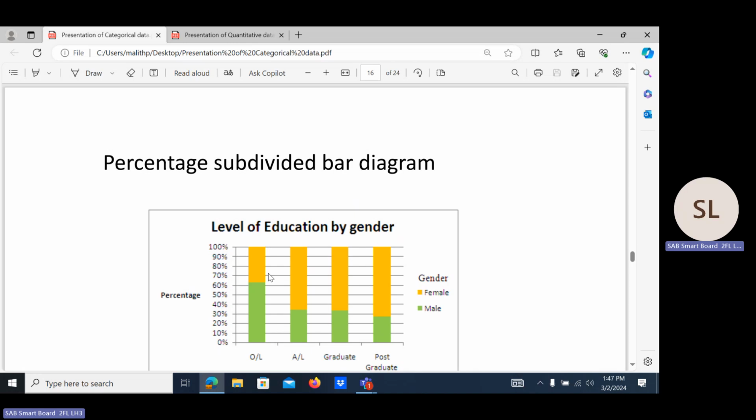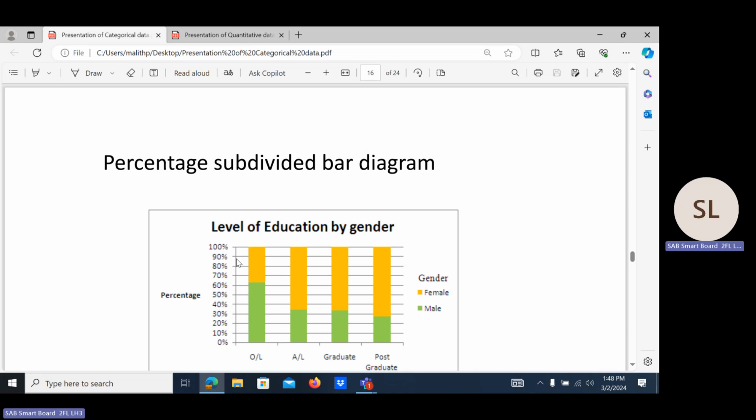When we want to draw the percentage subdivided bar diagram, first draw all the bars at the same height, then divide them into two categories. The first part represents male: 5 out of 8 respondents, 5 over 8 into 100. The remaining part shows female respondents who studied up to O-level.